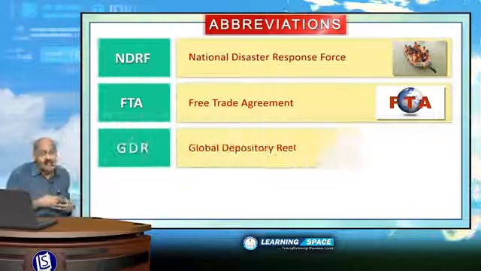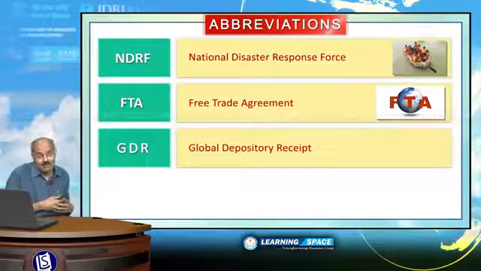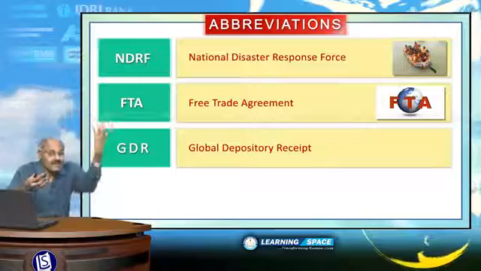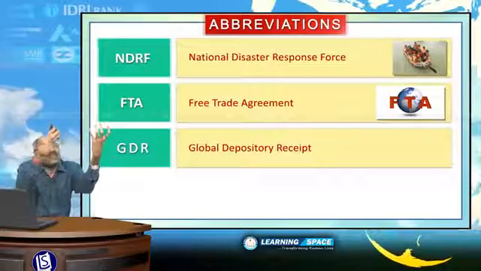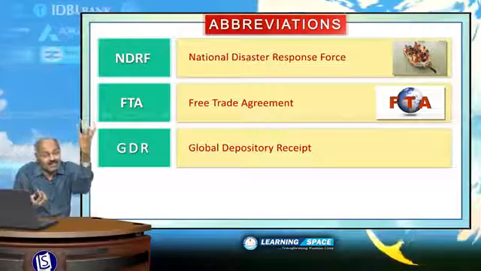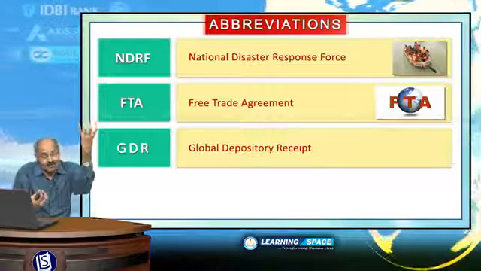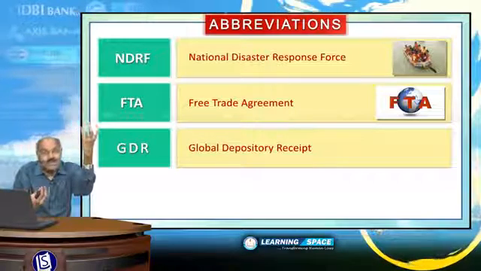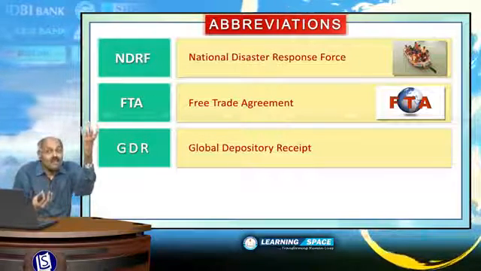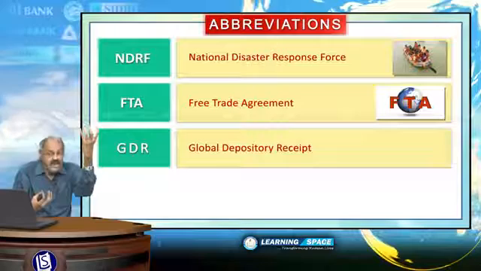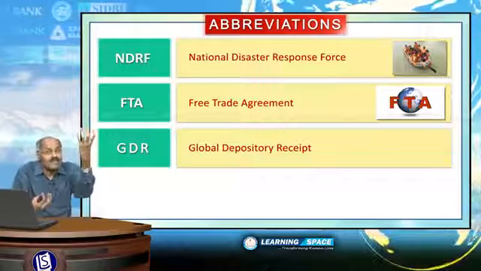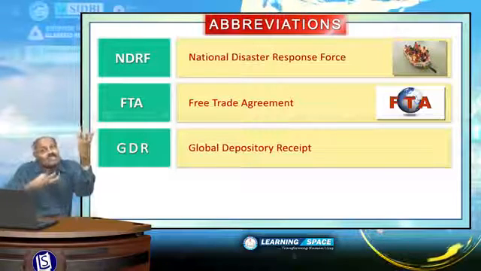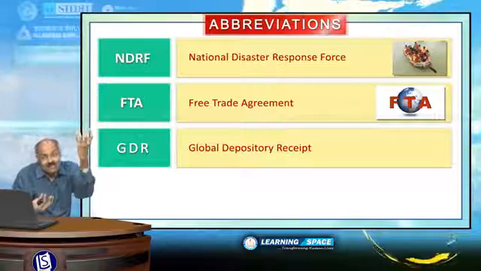Next one is GDR. GDR is Global Depository Receipt. That means these are the receipts released in various countries against the underlying shares in a foreign country. If someone in Russia wants to purchase Indian stock of Infosys, then he can purchase Global Depository Receipt released in Russia, where the underlying share will be Infosys.